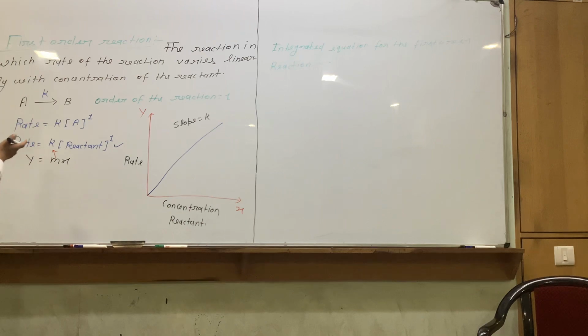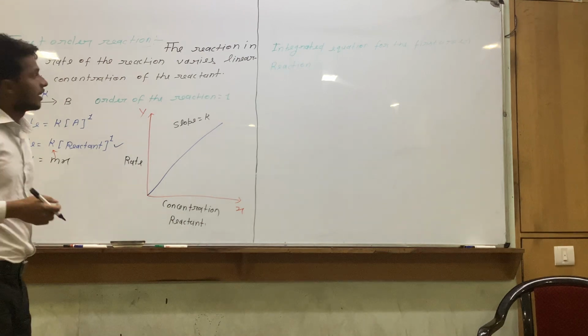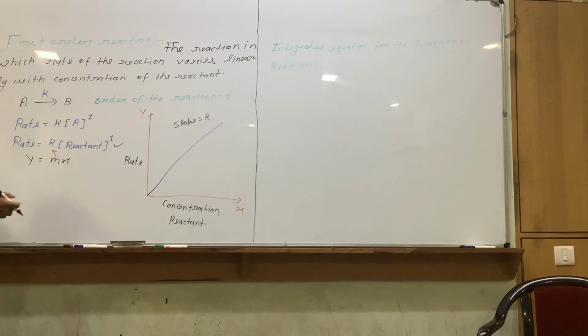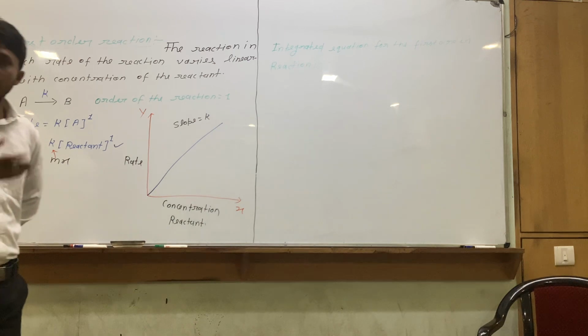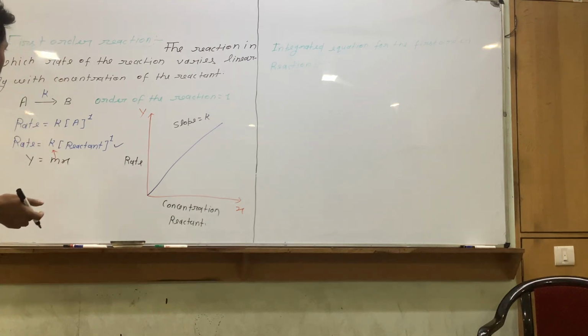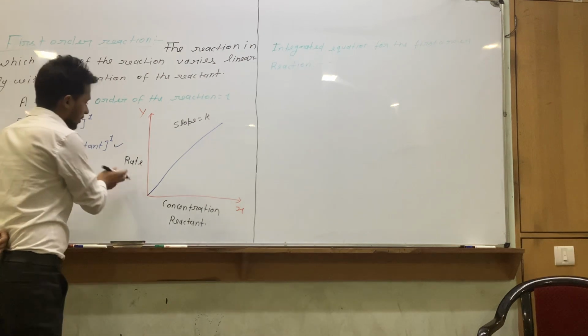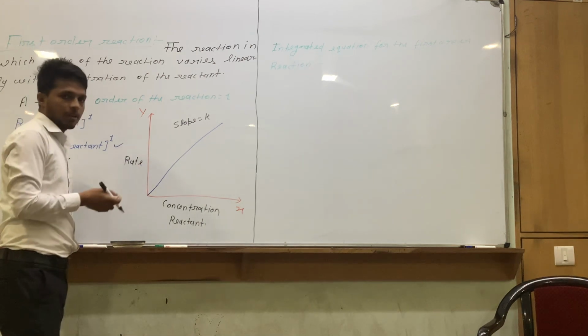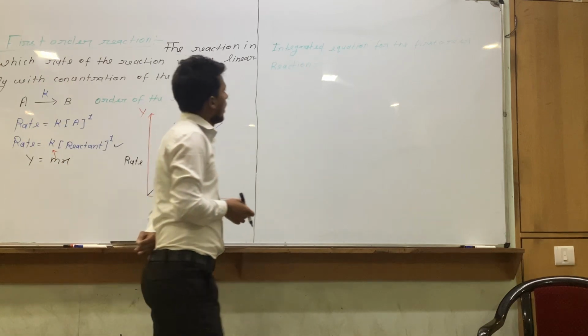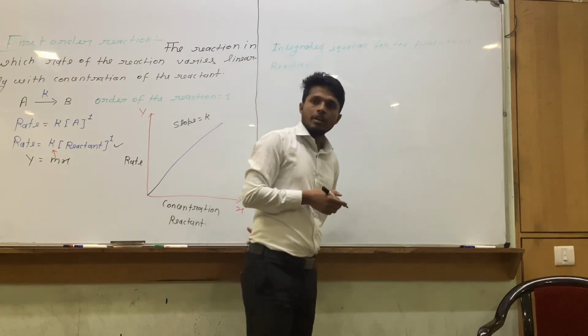So this is the simplest way through which we can define the first order reaction. Any reaction in which the rate of the reaction varies linearly with the concentration of reactant, we call this a first order reaction, and this is the graph between rate of the reaction and concentration of reactant. Now I will discuss the integrated rate equation for the first order reaction.